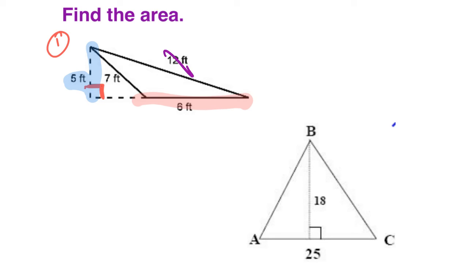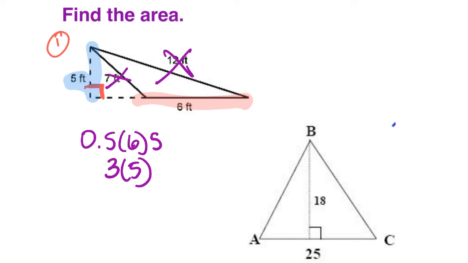Sometimes in math, they give you extra information. I don't need to know the 12 and I don't need to know the 7 because those are not the base and the height. So I'm going to take my half and multiply it by the base and then multiply it by the height. What is half of 6? 3. And 3 times 5 is 15. My label would be 15 feet squared.